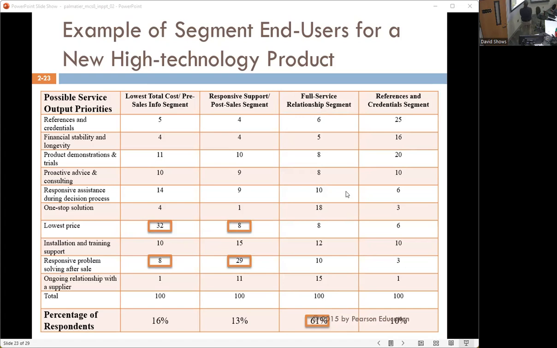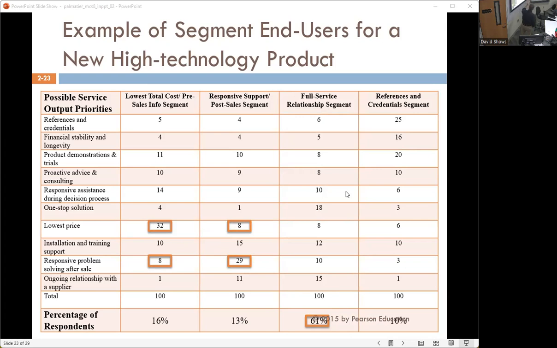So the second group is the responsive support post-sale segment. Price means next to nothing, all right? They're looking at lowest price as a minimum. The biggest thing is that they want responsive problem solving after the sale. Responsive problem solving is a very proactive phrase to me. It says that you've got to be deliberate in the amount of work that you do. They want installation and training, which is the next highest thing, and then they want an ongoing relationship with the supplier.